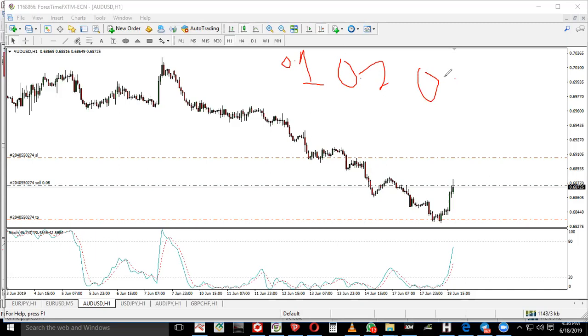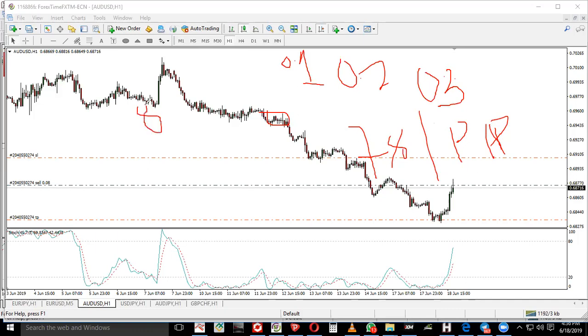You understand? 0.3 means $3 per pip. 0.4 means $4 per pip. 0.5 means $5 per pip. 0.6 means $6 per pip. 0.7 means $7 per pip. 0.8 means $8 per pip. 0.9 means $9 per pip.